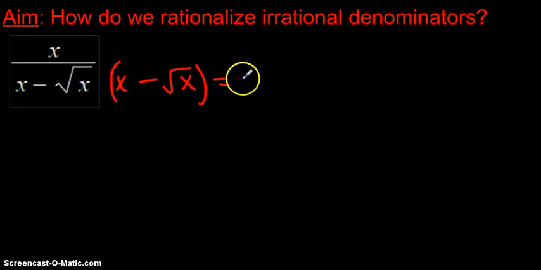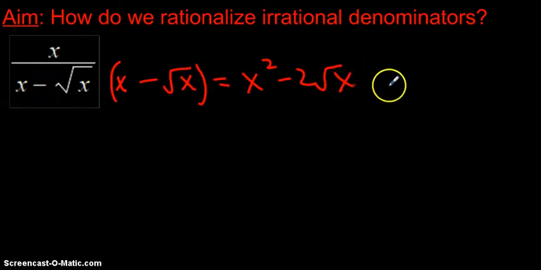And that'll give us x squared minus 2 radical x, minus x. If you work this expansion out yourself, you'll see why. And then we still have a radical in our denominator, which again is the whole point of rationalizing a denominator. But the part to notice that's interesting is this middle term, and this is how we'll deal with that.